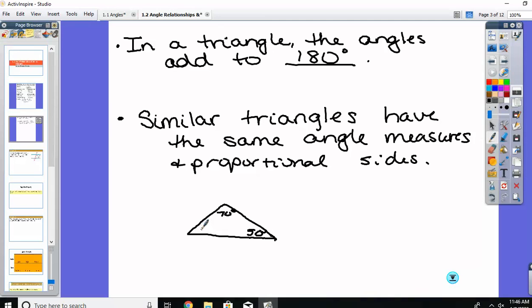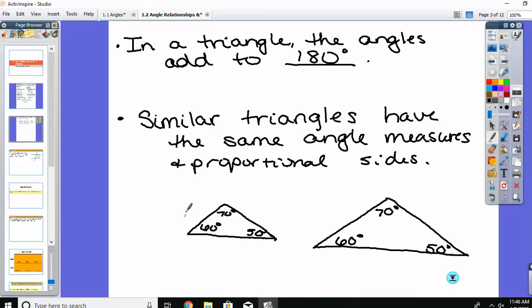What would this one have to be? 60, because it has to add up to 180. Okay, then if I had a similar triangle, the angles would have to be the same. We would still have 50, 70, and 60 as our angles.